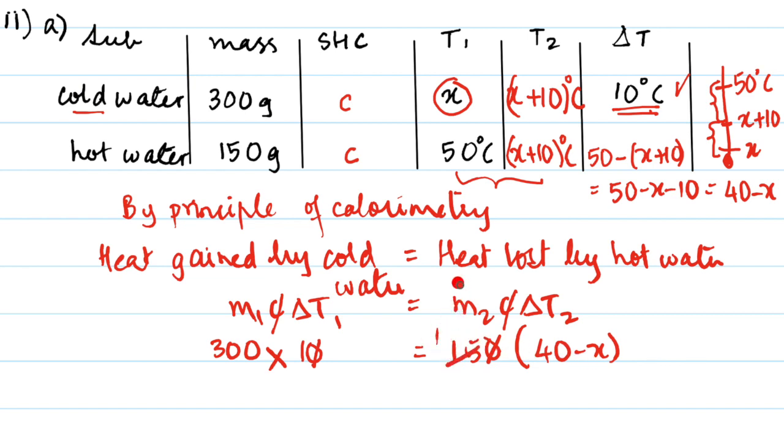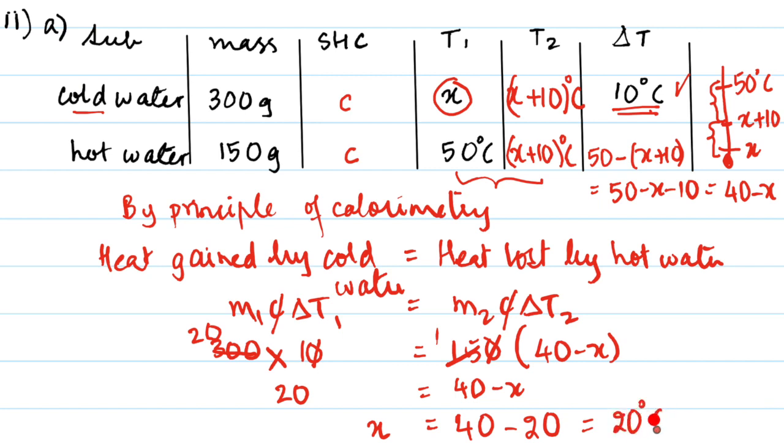Now 15 ones and 15 twos 30, I'll write here 20. So I'll have 20 equal to 40 minus X. So we'll have X equal to 40 minus 20, and that will be equal to 20 degrees C.